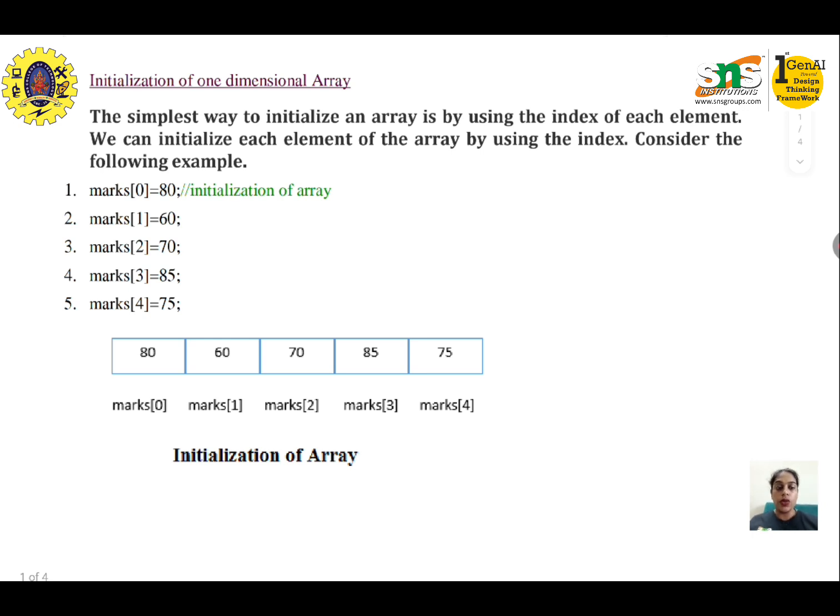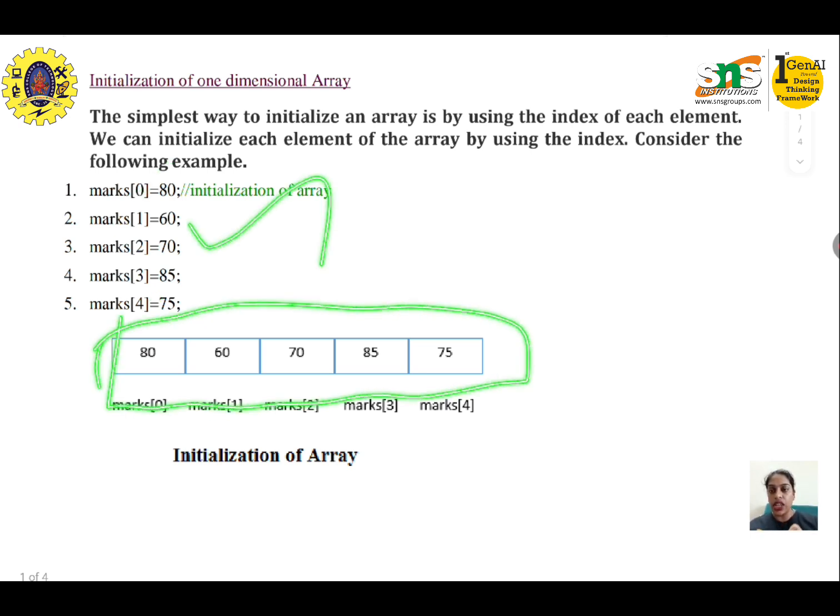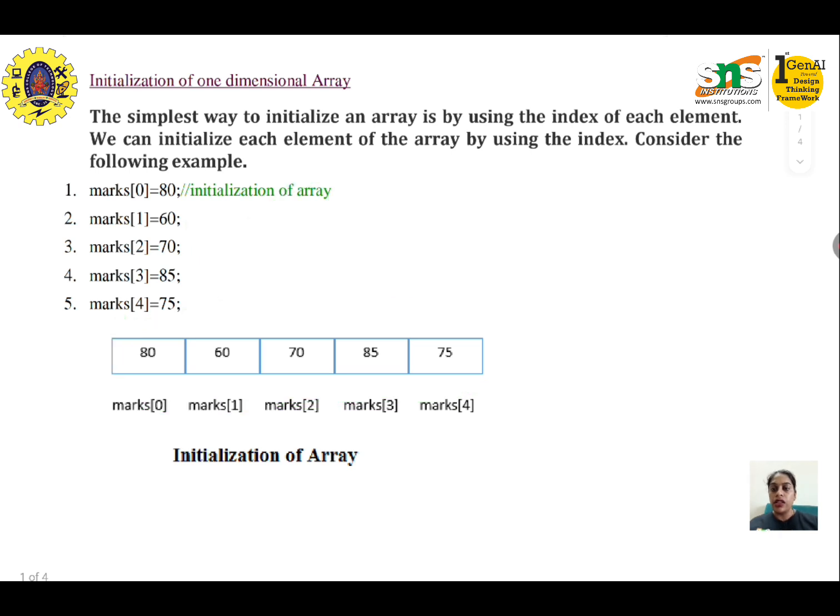Here the last index is n minus 1, which is 4. So we can save only 5 values, from index 0 to 4. We can see how the values are stored inside an array if we initialize the array in this way.